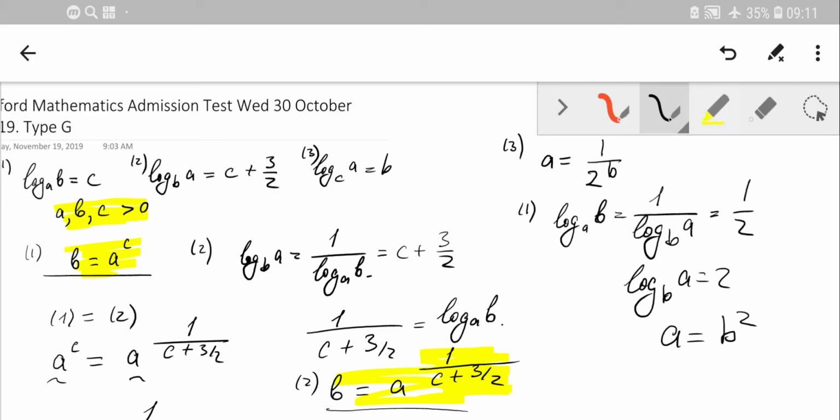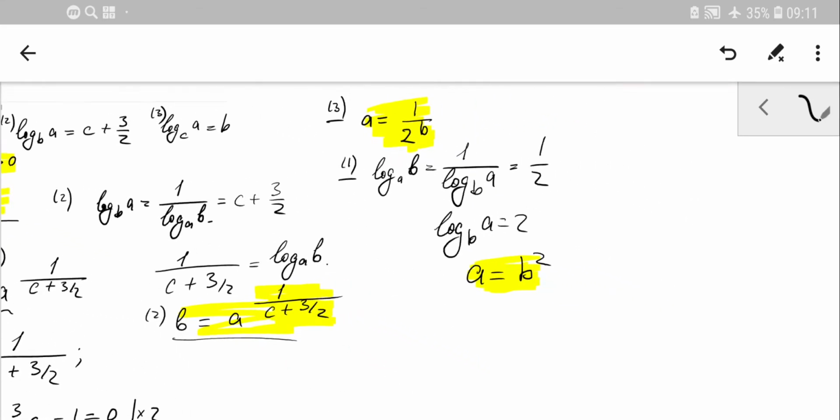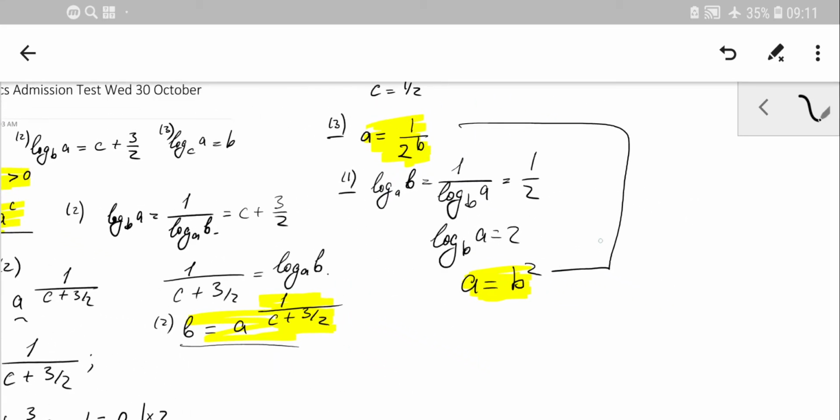And from here A is B squared. Okay, so we have A expressed through B using the first and using the third. So what we can do is equate them.